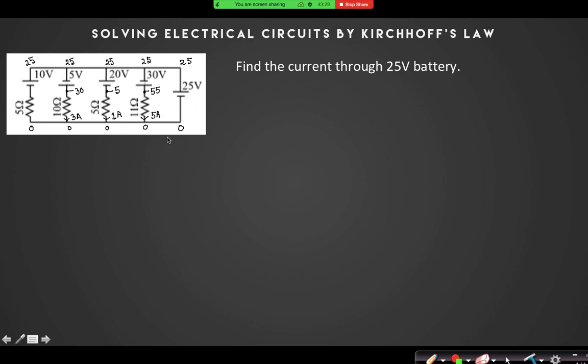And this is 25, I will decrease, so this is 15 volt, so that will be 3 ampere. 3 plus 3 plus 1 plus 5 is 12 ampere. That is the answer to this question.